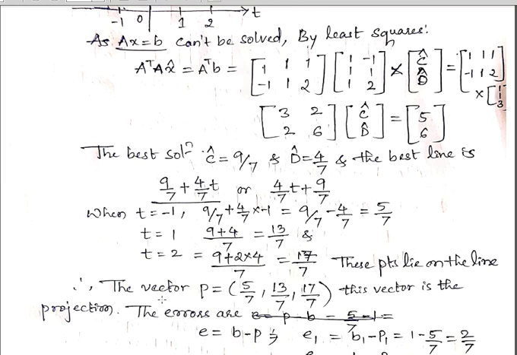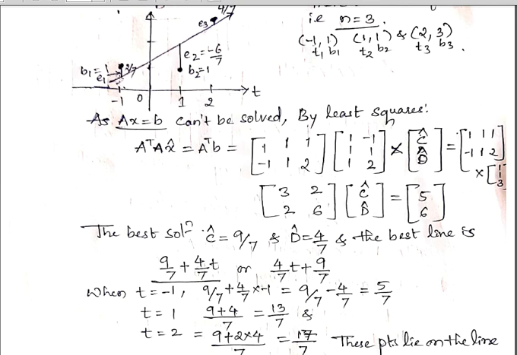As these are lying on the line, we are getting the projection, the P vector. The P vector is 5 by 7, 13 by 7 and 17 by 7. It is the projection vector, and this vector is on the line.